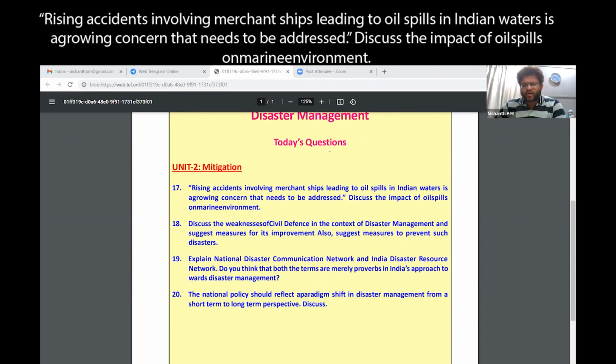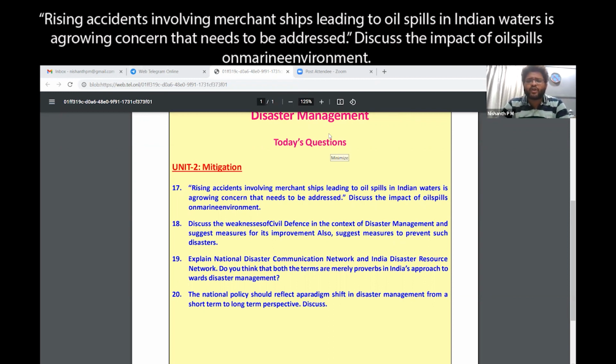Hence, we need to have proper traffic control and anti-collision devices for all the merchant ships, and the prevention of the collision of these ships should be ensured, and the international shipping standards should be followed by all the merchant navy ships so that these kinds of disasters will not happen. Clear? So preventive approaches are following the protocols.